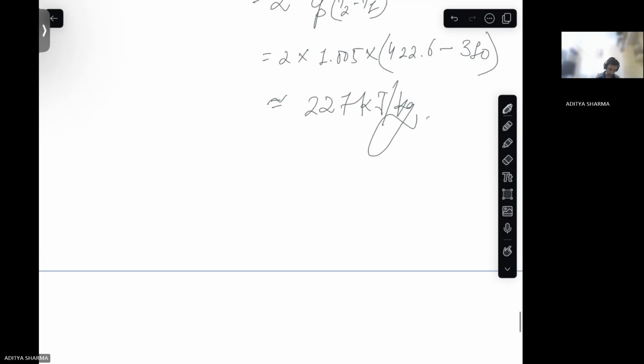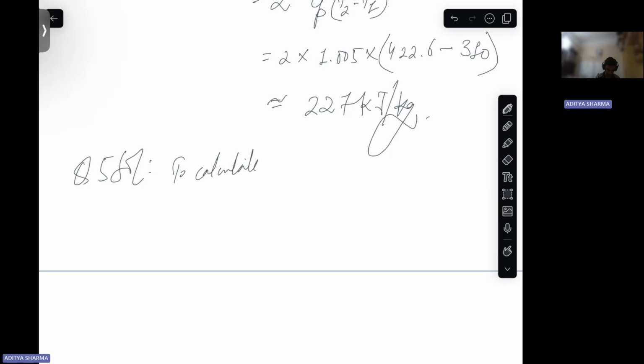Now we need to calculate T7. So for work ratio, I'll start with calculating T7.